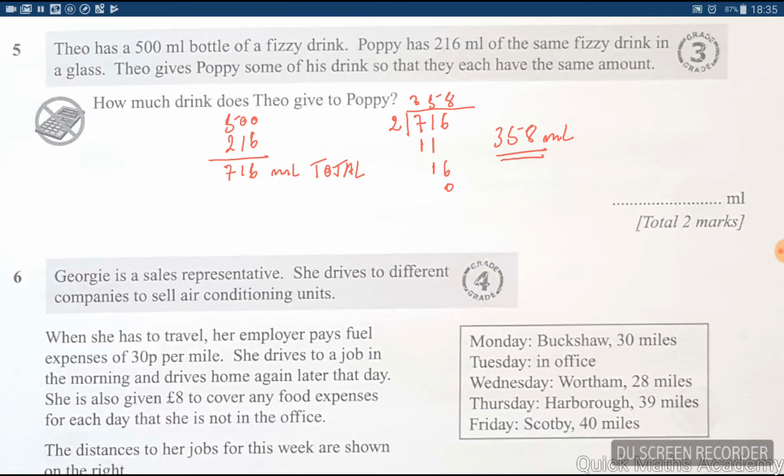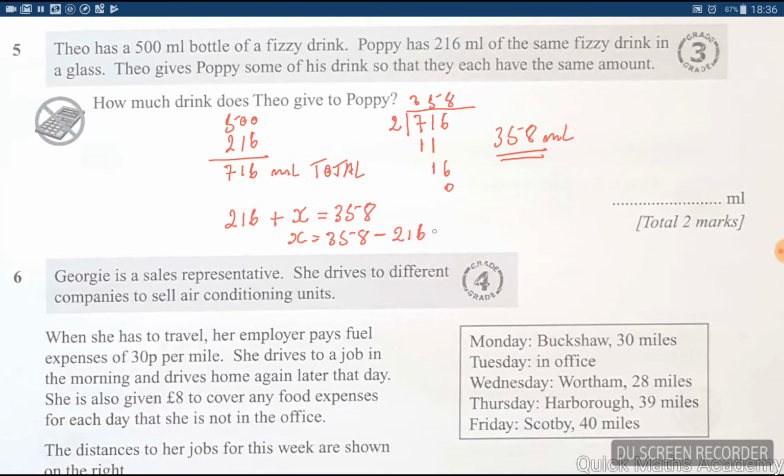Okay, so how much drink does Poppy have to receive to have 358 mils? Well, that's very easy. If she has 216 plus some value, it will be 358. Okay, so that means that my x will be 358 minus 216.